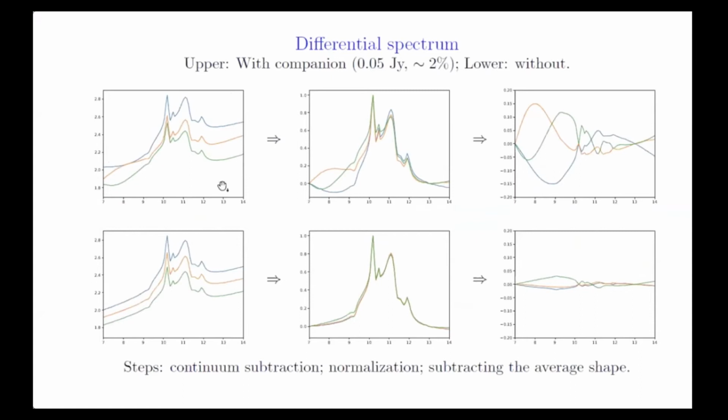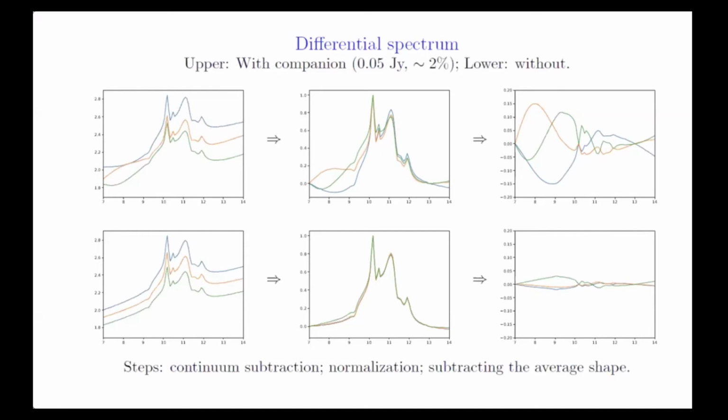Then we normalize it so that the peak is always 1. Then now we have this shape of the feature. Then we can find what we call the differential spectrum. It's defined as each spectrum minus the average shape. So we have this differential spectrum.